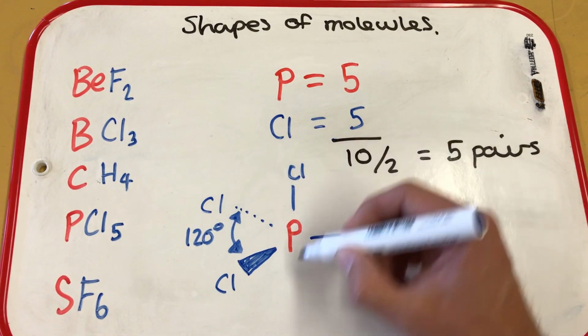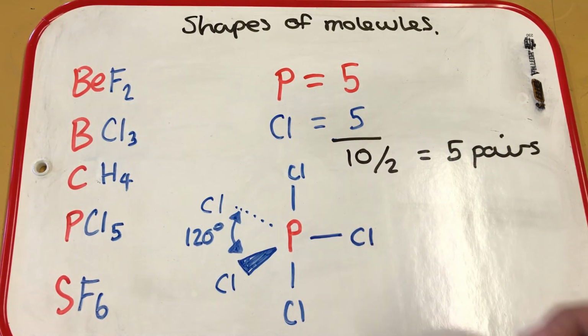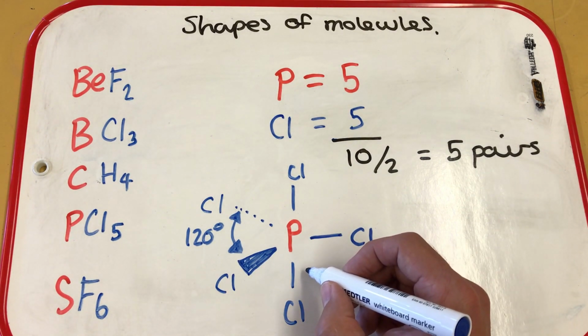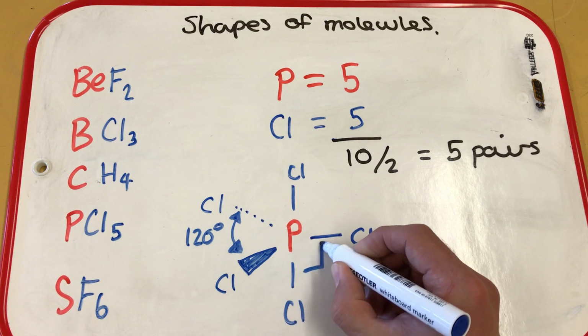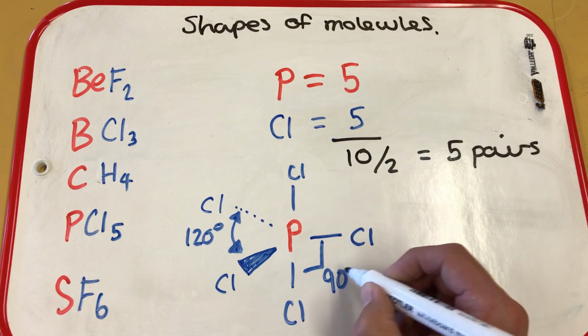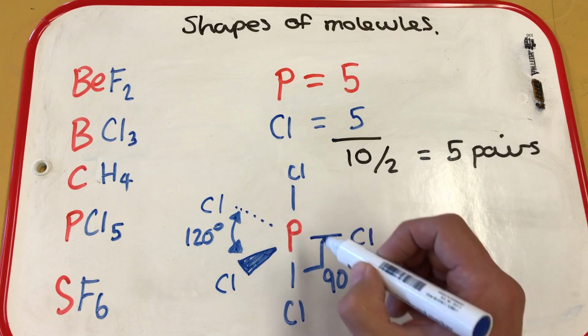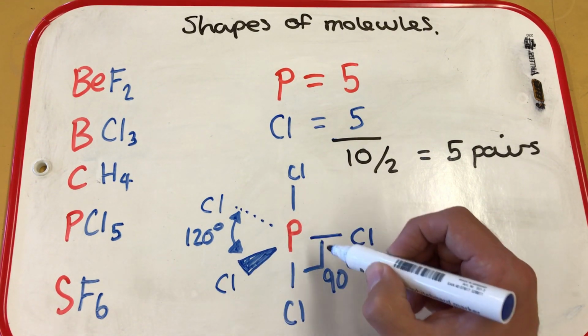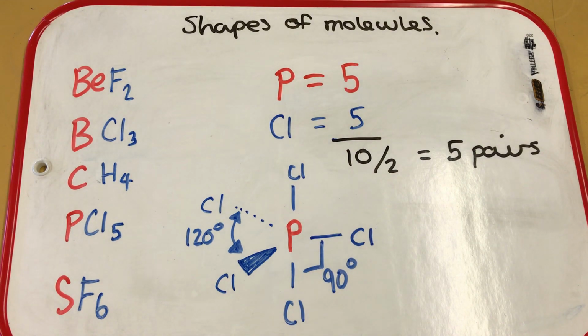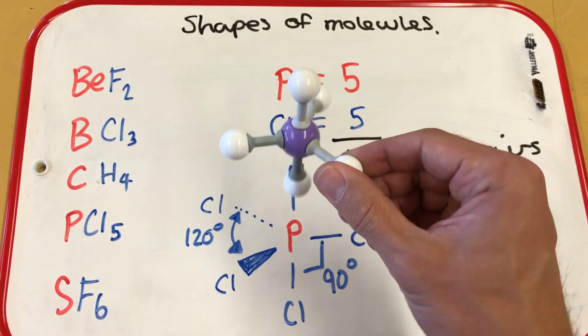Above and below the phosphorus are 2 more chlorines. So we have another bond angle in this molecule. We have a 90 degree bond angle here. We have 90 degrees there, to this one, down here and down there. So we have 90 degree bond angles, and our structure will look like this.